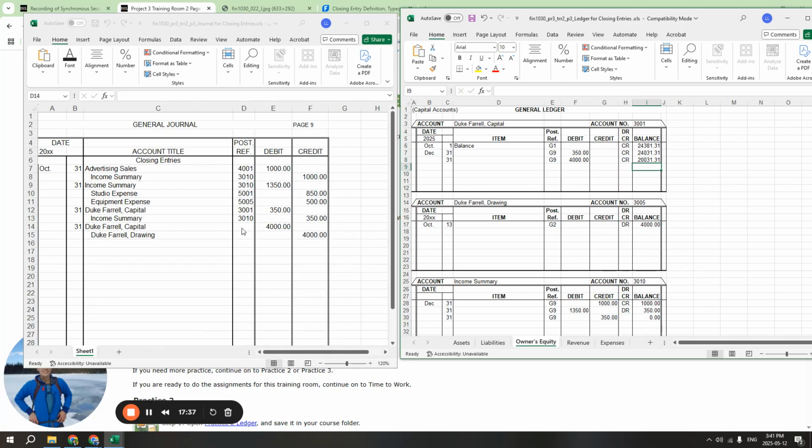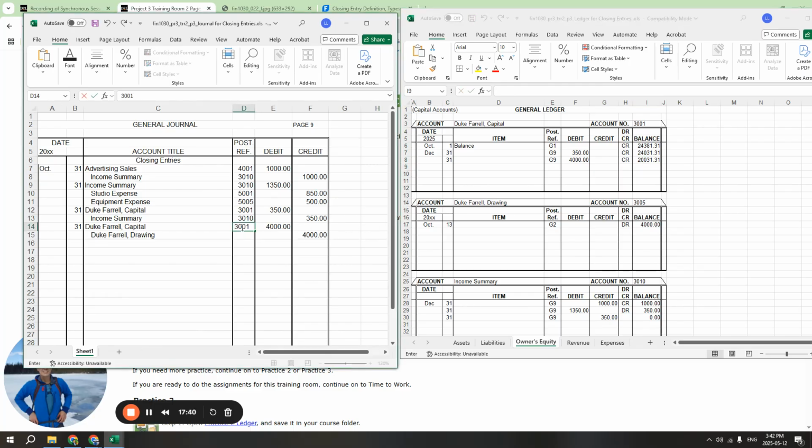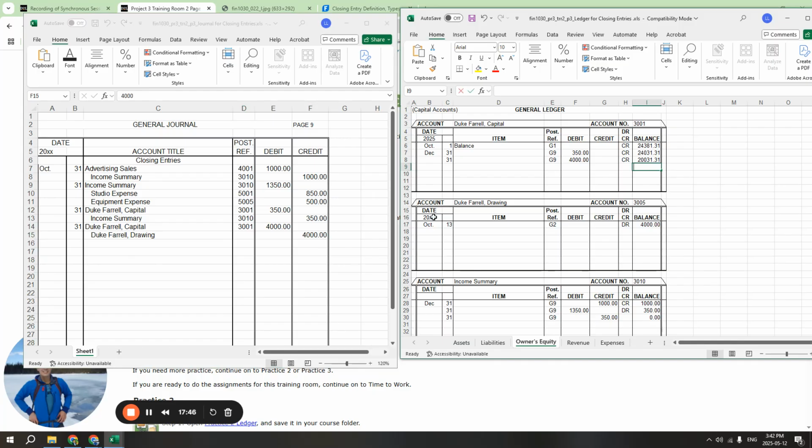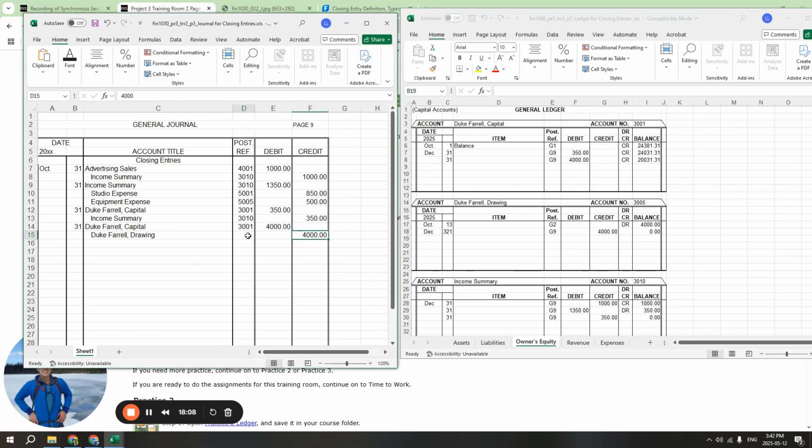This is account 3001. And then lastly, we're going to credit his drawing account. Change the date. December 31st. G9, we're going to credit $4,000 to bring us to a balance of 0. And that was account 3005.